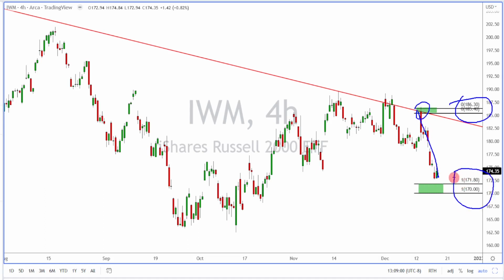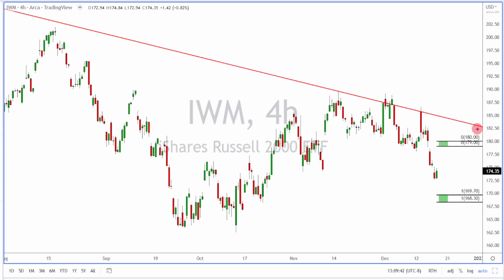It came down almost near the lower range of the expected move between 170 and 180, and 170. For the coming week, the upper range of the expected move is between 180 and 179. And the lower range of the expected move is between 169.70 and 168.30.